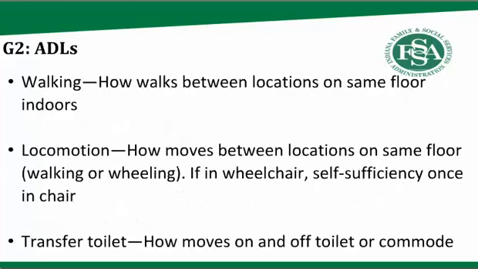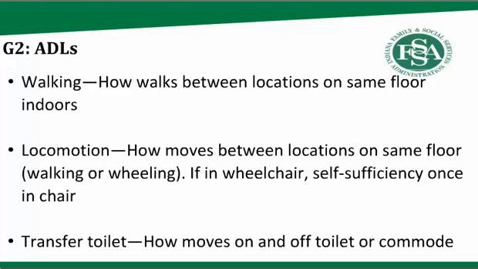Walking is next, and we want to look here at how the person walks between locations on the same floor indoors. And again, with all of the ADL items, we're looking at what type and level of assistance is needed. And it's the same for this question too. You want to know what type and level of assistance is needed to walk within a 3-day period. So for the last 3 days.